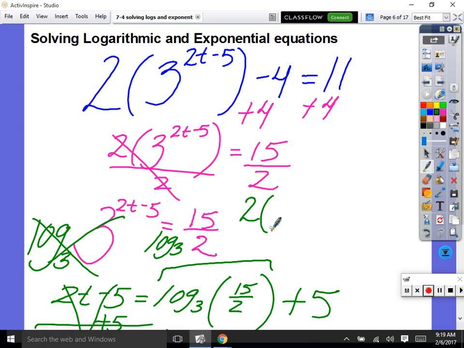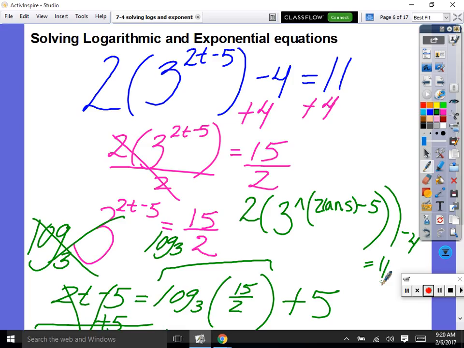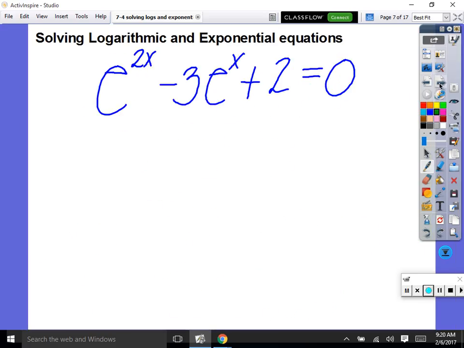And I might be using extra parentheses just to be careful. 2 times answer, plus 5. Close it. And then I hit enter, and then I'm going to do, did I do minus 5? I did plus 5, dang it. Minus 5 minus 4, and it comes out to be 11. Okay, awesome. So we did get it right. Even though that decimal seemed a little odd, it was right.